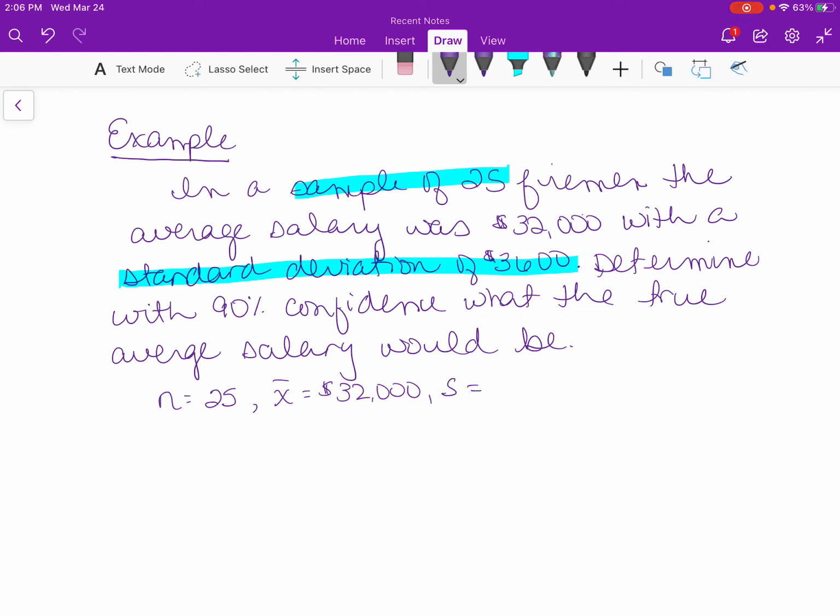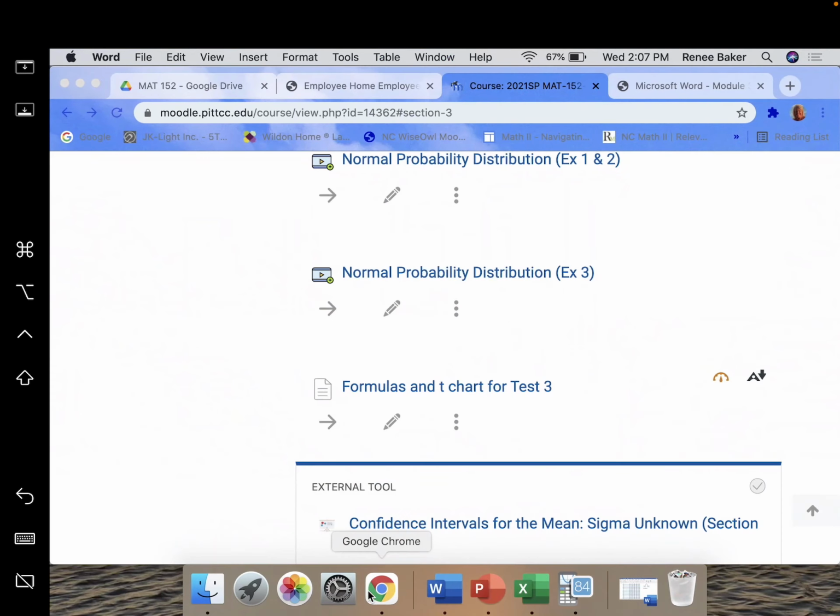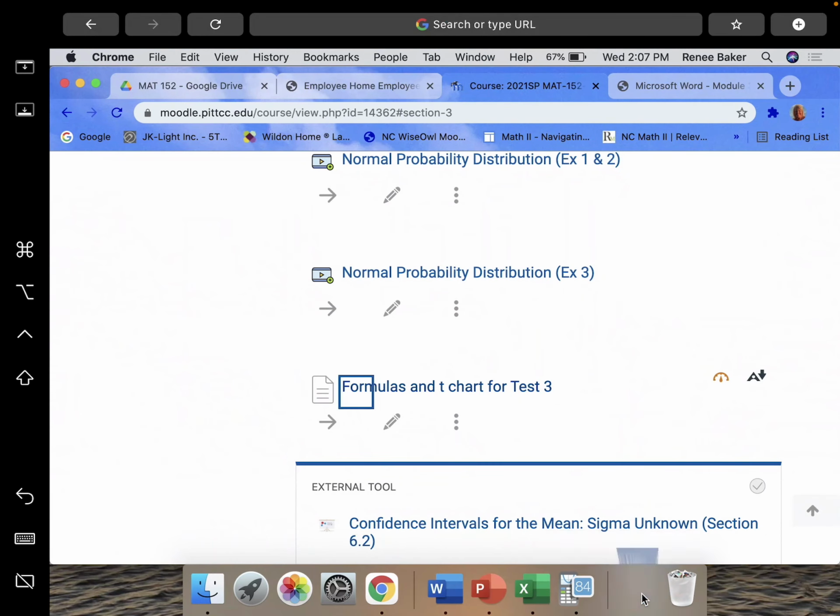We've got S, which is 3,600. And we're going to be using a T critical value at 90%. So the first thing that we need to do is figure out what that critical value would be.